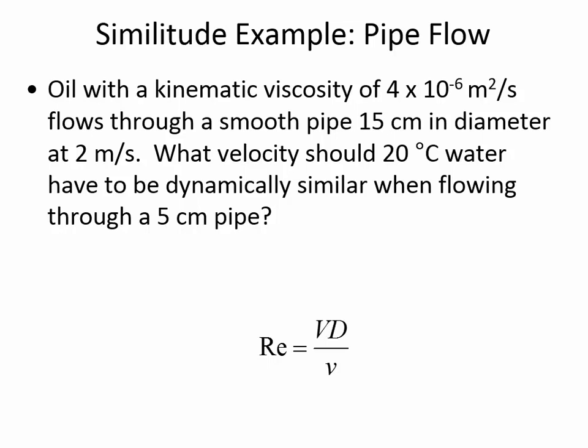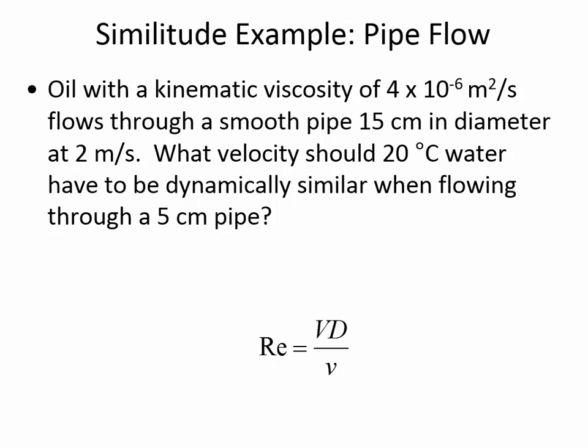So what we want is the velocity of the oil flow times the diameter of the oil pipe divided by the kinematic viscosity of the oil, to match the velocity of the water pipe times the diameter of the water pipe divided by the kinematic viscosity of the water.